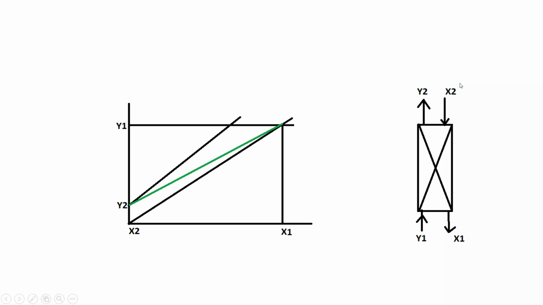X2 is the mole ratio of the solute in liquid phase, X2 is entering and X1 is exiting. So X2 will be 0 since we are using pure solvent, and X1 will be non-zero, and Y1 is entering, Y2 will be less.